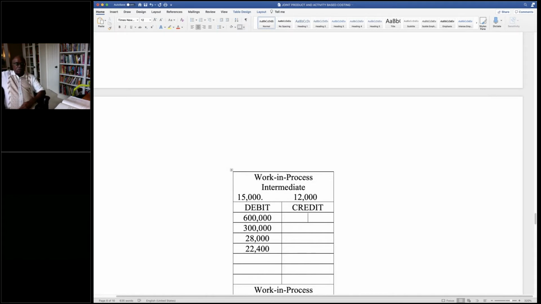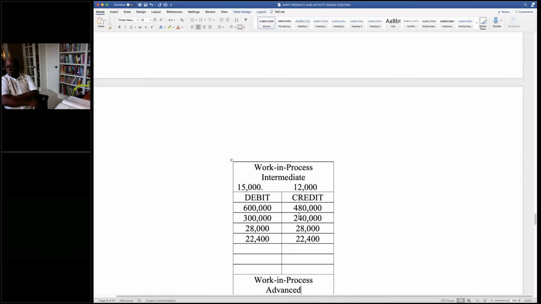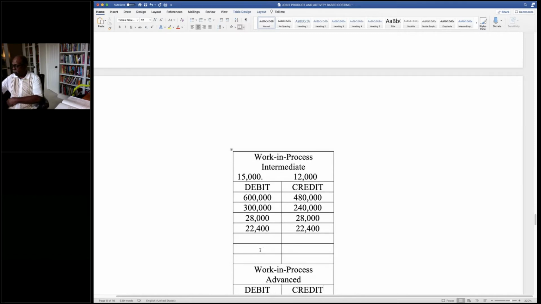They just didn't do as much as they were supposed to do. So that number is going to be $480,000 and $240,000. All right, and then we're going to total those out.